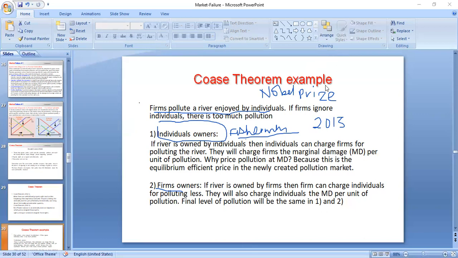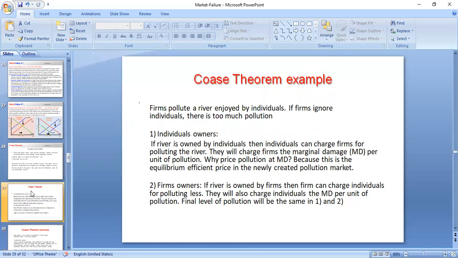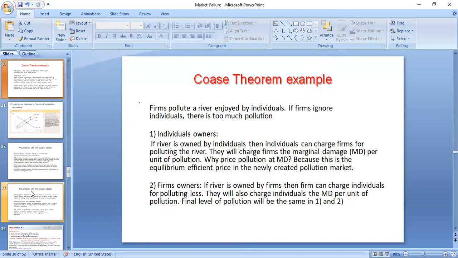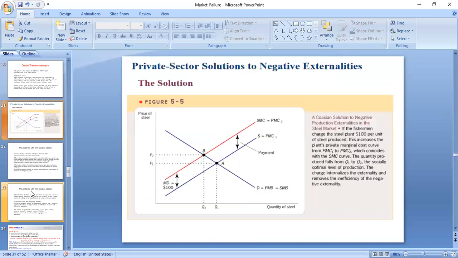However, this theorem was criticized on a number of grounds. So of course here we are looking at, for example, a negative with the Coasean solution or the Coase theory. He looks at, for example, production externalities of a steel manufacturing plant, which is an example of a negative externality of production, which we have already seen.